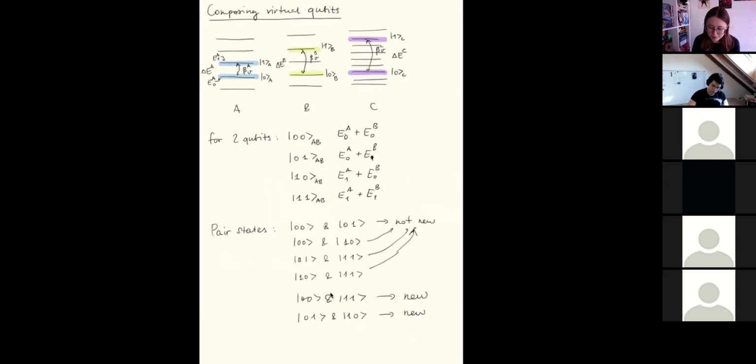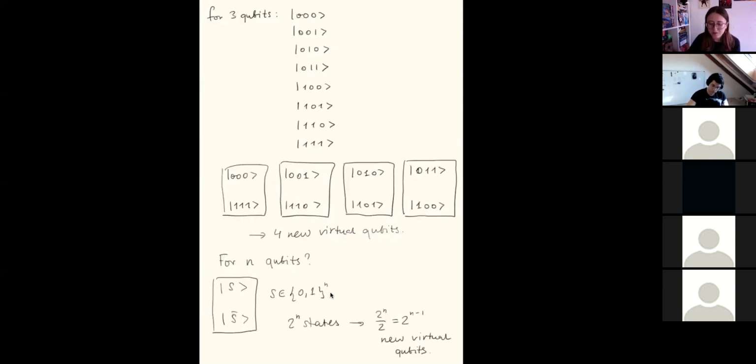It's the same as, for example, when we were considering these pairings for 3 qubits, then in principle, if we consider the qubits 0, 0, 1 and 0, 1, 0, this would give rise to the following virtual qubits.